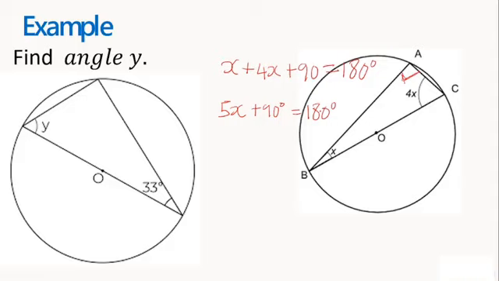So we are going to have 5x is equal to 180 degrees take away 90 degrees. So 90 degrees was positive, when it goes to the right hand side becomes negative. So we have 5x is equal to 180 degrees minus 90 degrees.